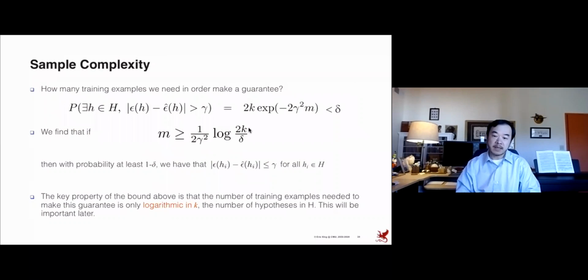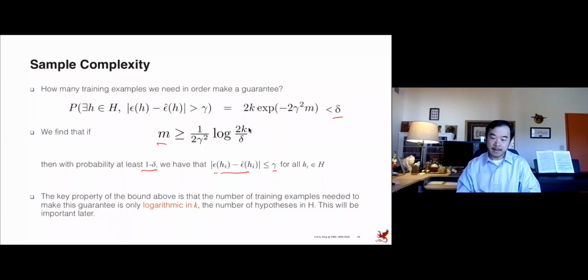Basically, having a bad hypothesis, the probability should be very small, smaller than gamma. And then you can compute now how many examples M are needed to achieve that. Okay. And that's equivalent to saying that with probability at least 1 minus delta, your learned hypothesis will have a small error, which is upper bounded by the gamma.